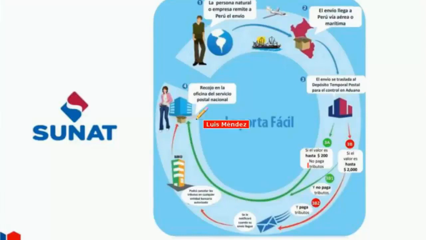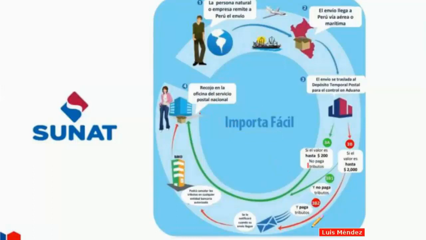So it's really easy. On the other hand, what happens if it is more than 200 up until $2,000? We have two options in this case. We have the option that we don't pay duties. Customs say we don't have to pay duties, so it again goes automatically to pick up at surplus.